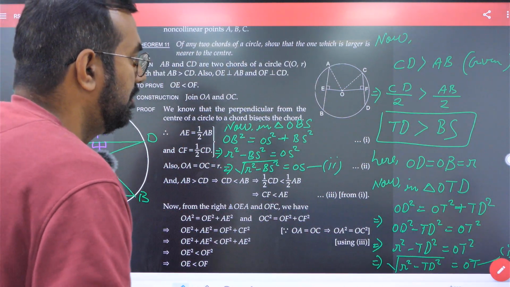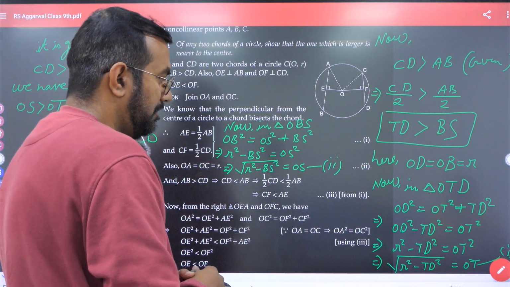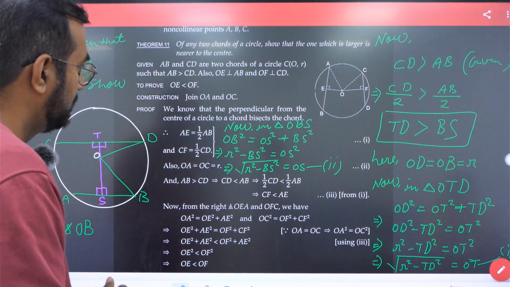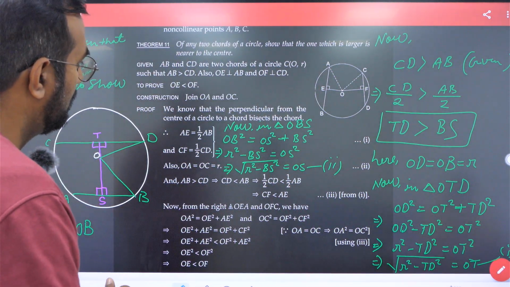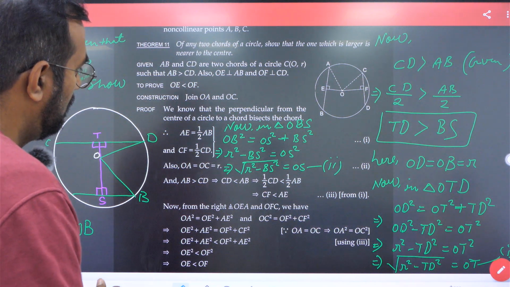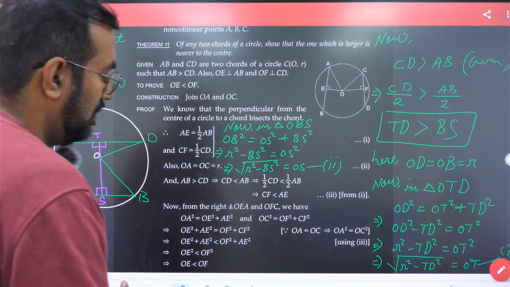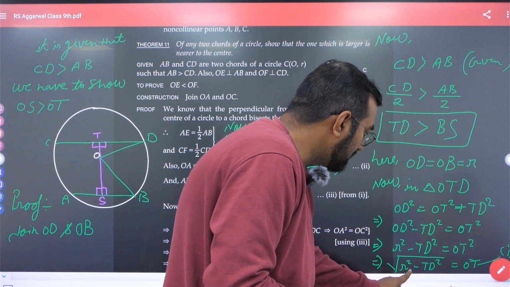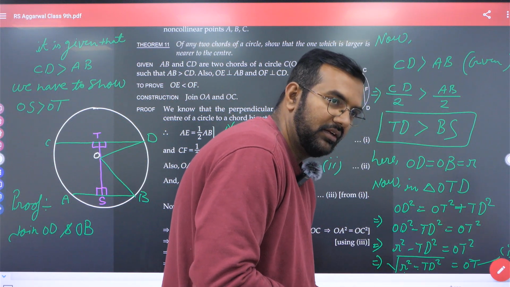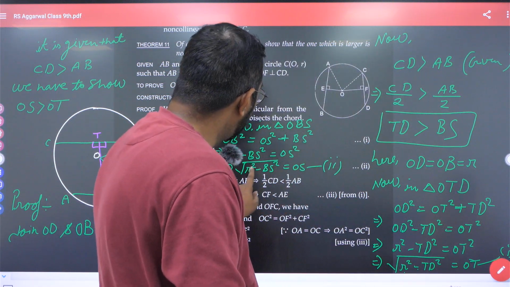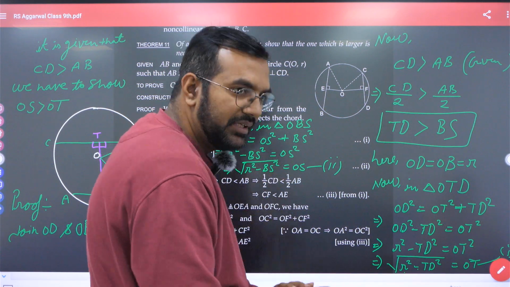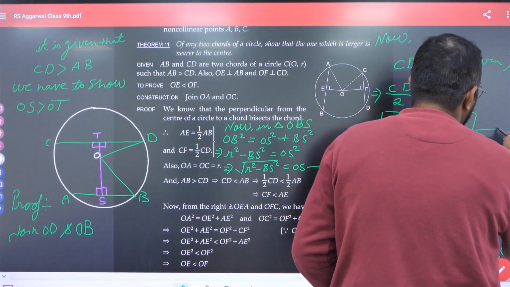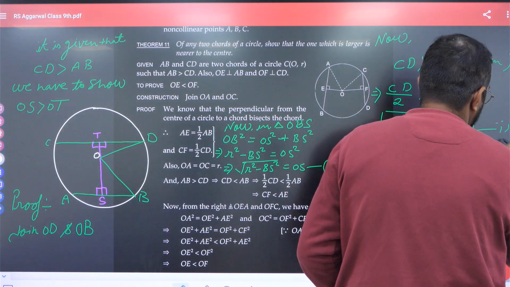What do you observe from equation first and second? Yes, OT equals to root of radius square minus TD square. We observe that beta कि OT is equals to radius का स्क्वायर माइनस TD का स्क्वायर, and OS is equals to radius का स्क्वायर माइनस BS का स्क्वायर, and it is given that कि TD is greater than BS, right?